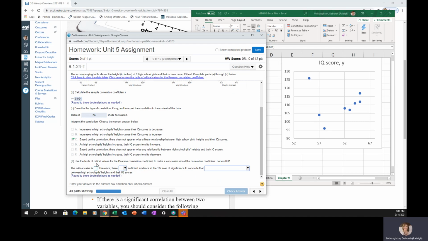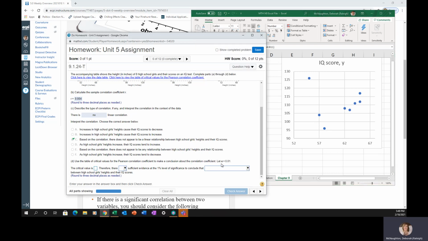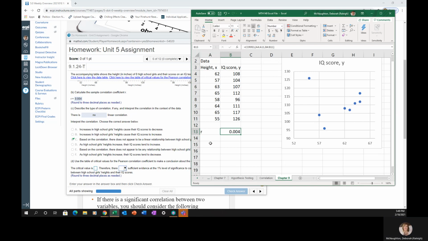Okay, and now we're going to use the table of critical values to make a conclusion. So our alpha is 0.01. And our N was 1, 2, 3, 4, 5, 6, 7, 8. It said here. So our N was 8. N is 8.